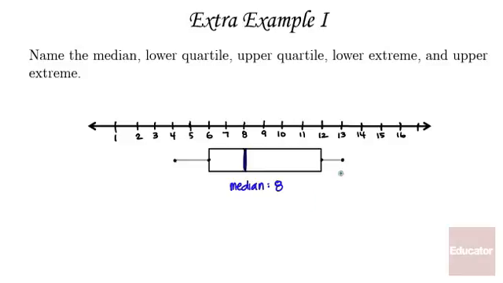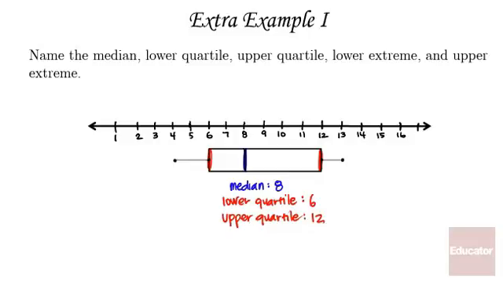Then this number here is my lower quartile. So lower quartile is 6. And my upper quartile is 12.